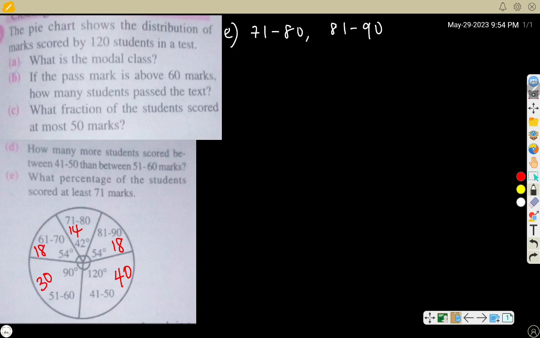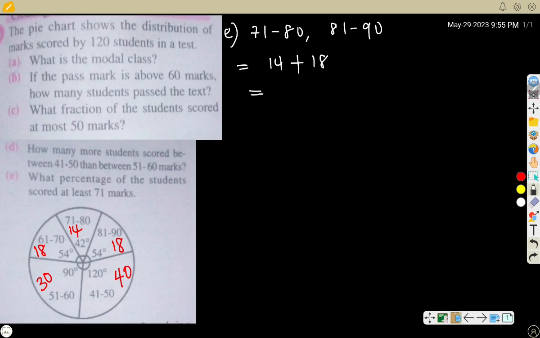So 71 and above. The number of students that scored 71 to 80 is 14. We found that. Plus the number of students that scored 81 to 90 is 18.